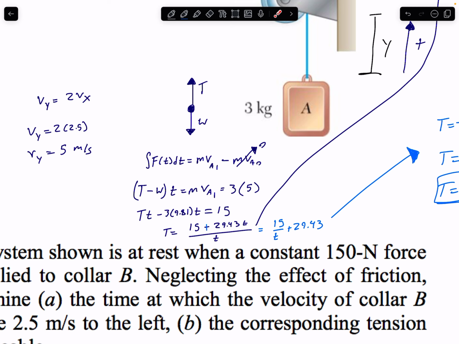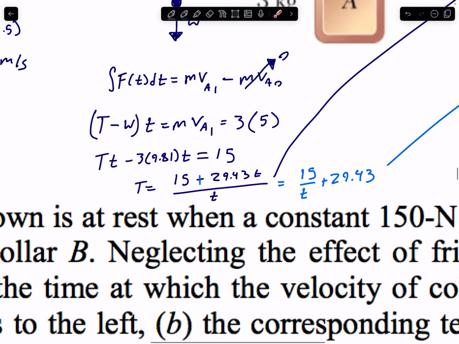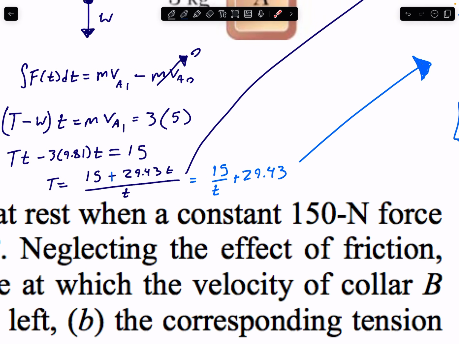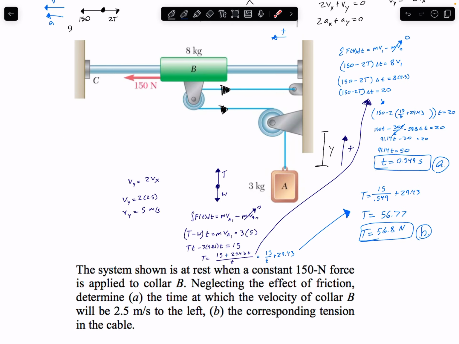And so we're able to get that the tension is equal to (15 plus 29.43 T) divided by T, which is 15 over T plus 29.43.